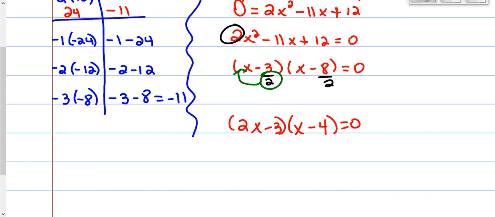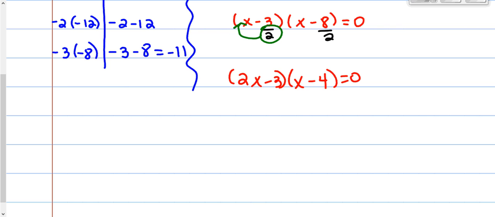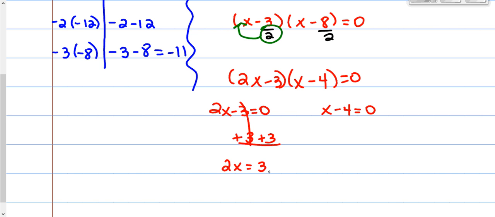And then we can solve each of those. So 2x minus 3 equals 0. And then x minus 4 equals 0. We can go ahead and add 3 to both sides. Cancel here. And 2x is equal to 3. Divide by 2.